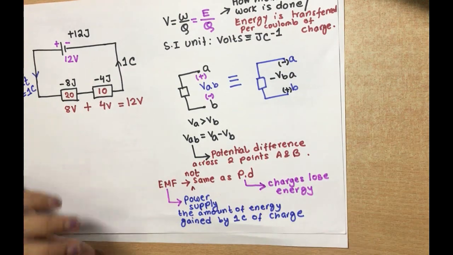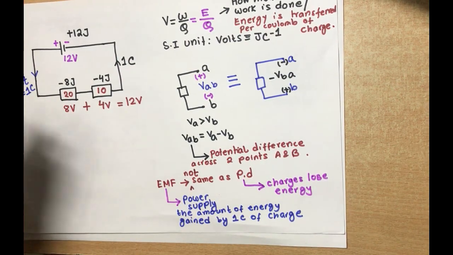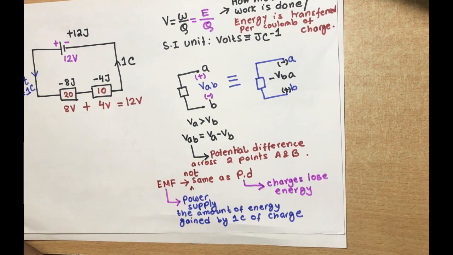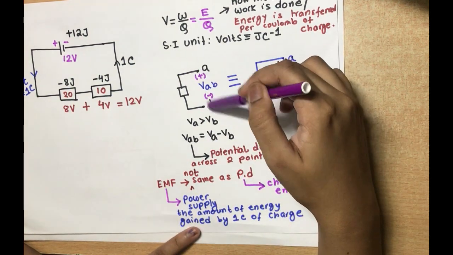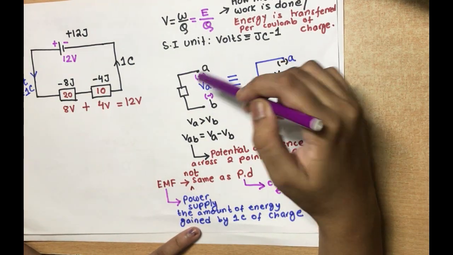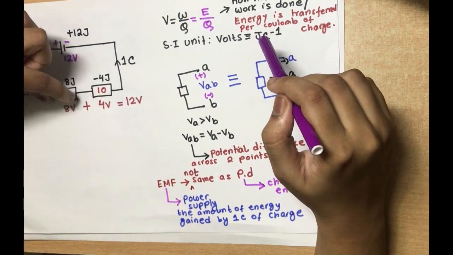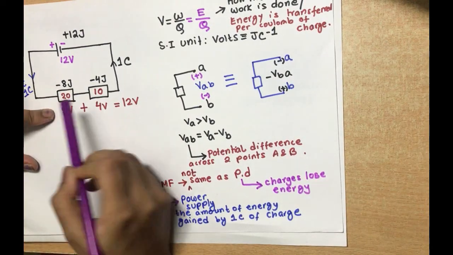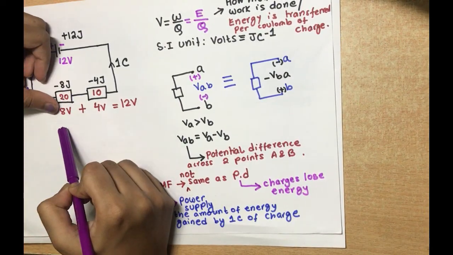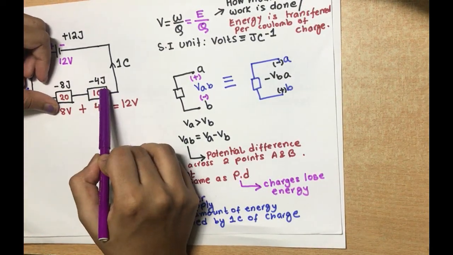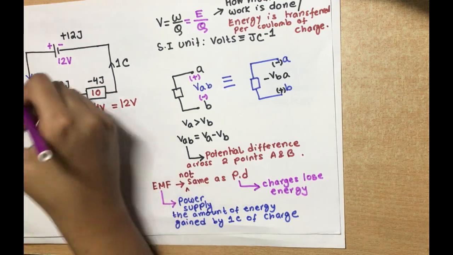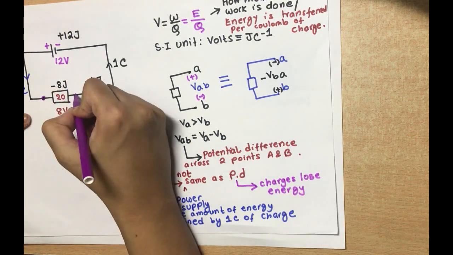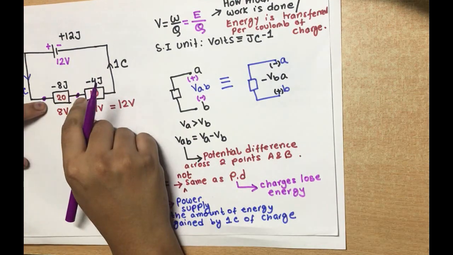And the potential difference, as I said earlier, is actually the difference in voltage between the 2 points. So it can be of any component, like among these two resistors. If I consider the first resistor, there is a potential drop of 8 volt, and here there is a potential drop of 4 volt. So between these 2 points, here and here, there is a potential drop.